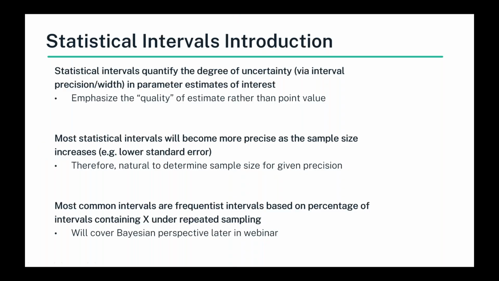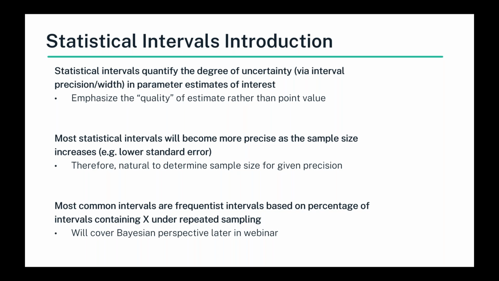So starting out, I guess the most basic question to address here is, what is an interval in a statistical context? Essentially, we're looking to specify a range of likely or plausible values for a parameter. So at least in a two-sided case, this range or interval would be defined by a lower and an upper limit.